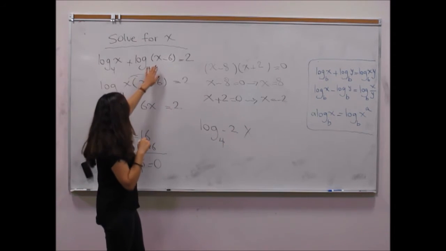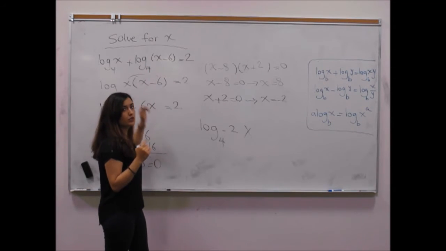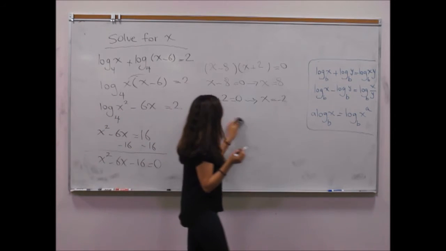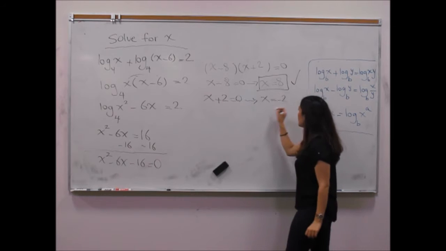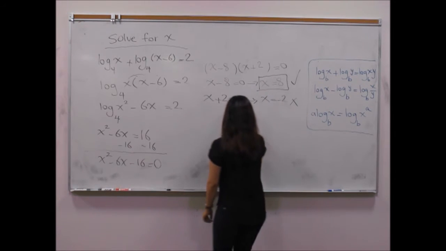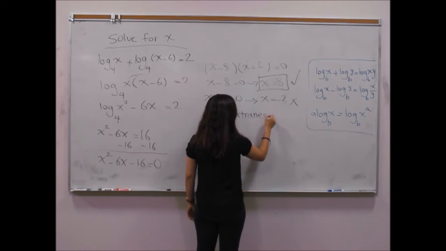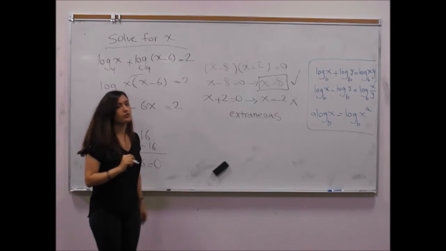It also doesn't work for this one because it's negative 2 minus 6, which is negative 8. Same thing, it's negative, it doesn't work. So x equal to 8 is our only answer, and negative 2 is an extraneous solution. So that's it for this question.